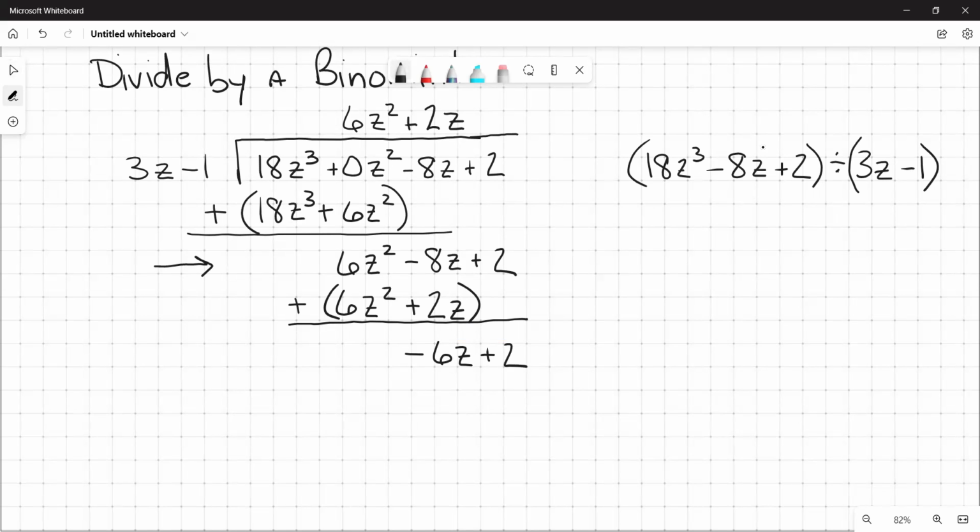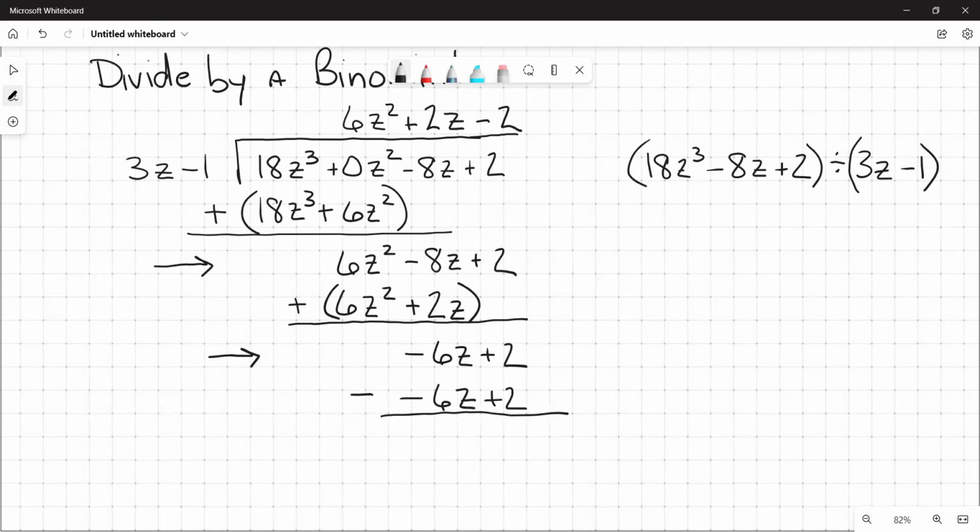Now we divide the 3z into this level. 3z into negative 6z goes negative 2 times. Then we multiply. Negative 2 times 3z is negative 6z. Negative 2 times negative 1 is positive 2.